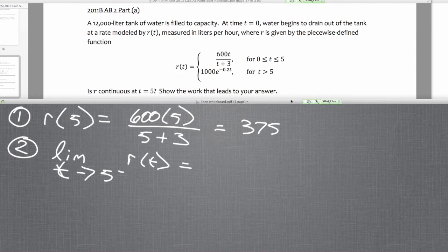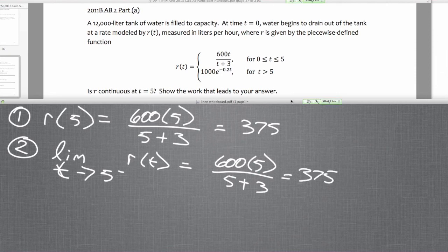Which one do I want to plug 5 into if I'm doing it from the left? The top one. Again, you want to show them that you know which one you're plugging it into. So that would be 5 plus 3, and I get 375 out of it because I just figured that out in one go.